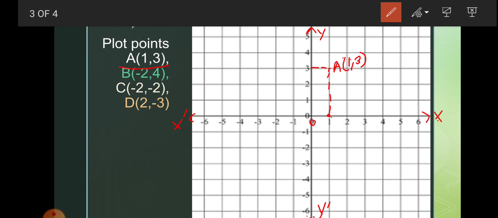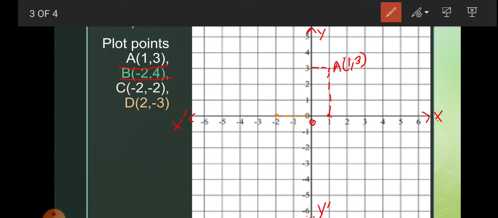Now to plot the point B (-2, 4), we start from O and move 2 units along the x-axis to the left of O and reach the point marked -2.